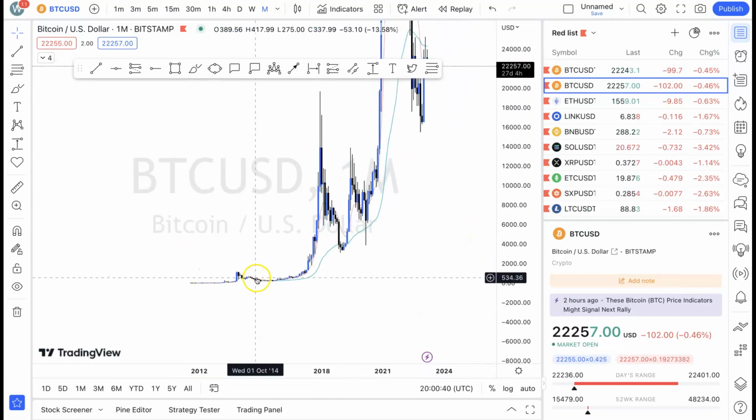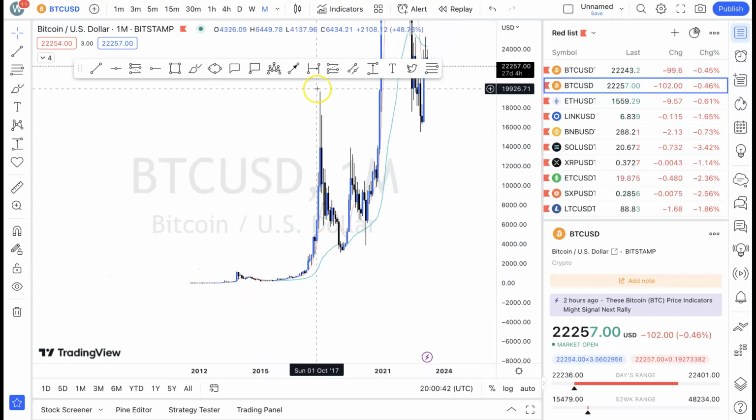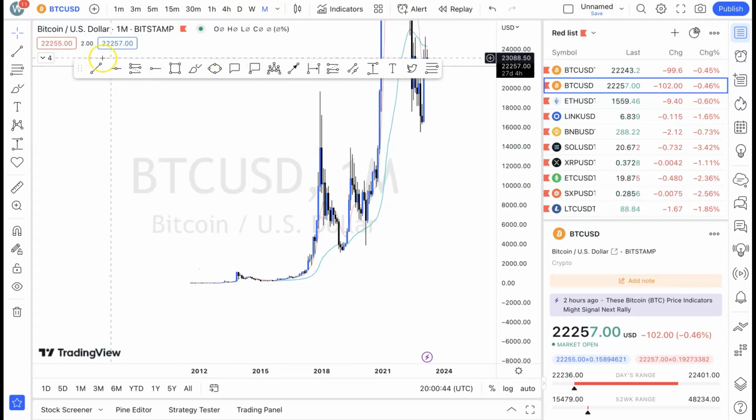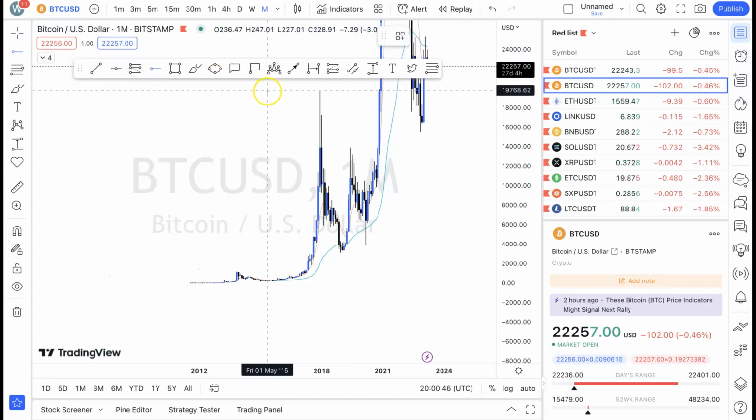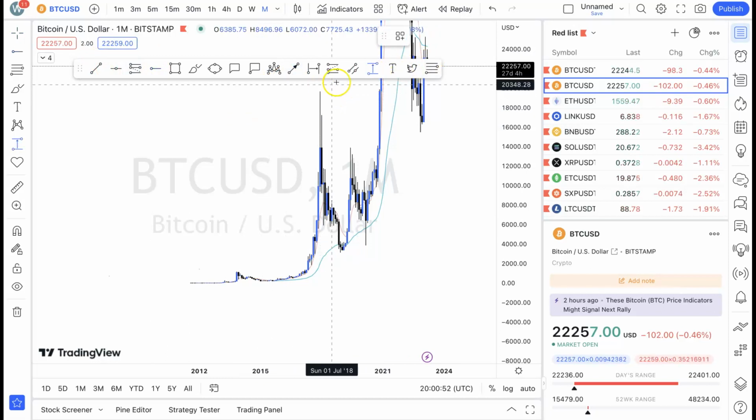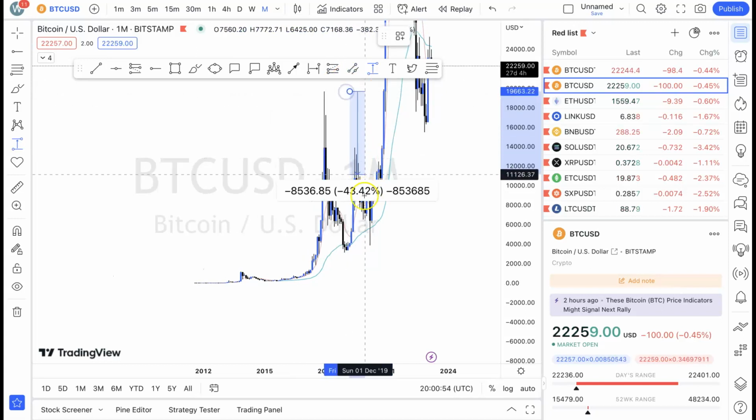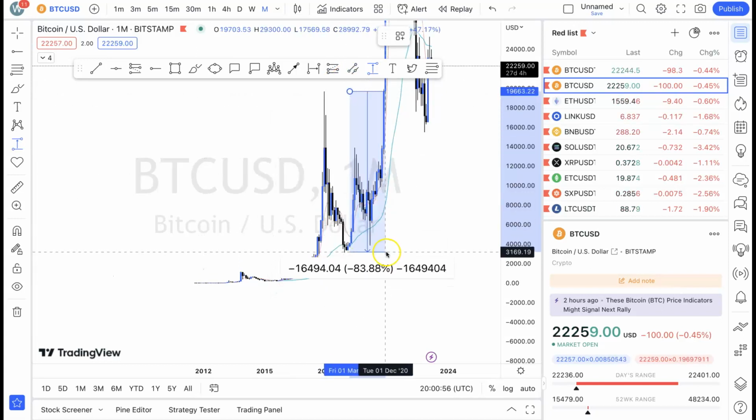You know, price totally smashed everything straight up to about 19k. This was a bull run. So if you measure, after we had achieved a new all-time high around this level, we now saw another massive retracement.